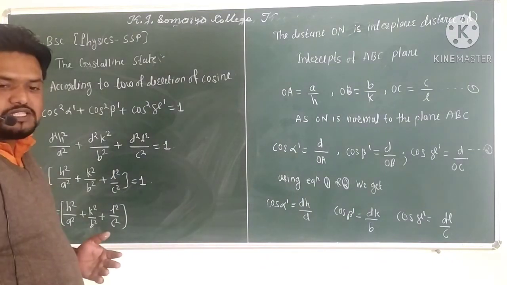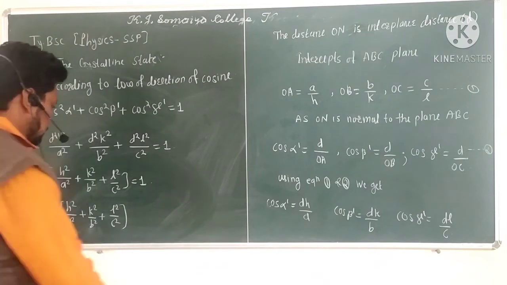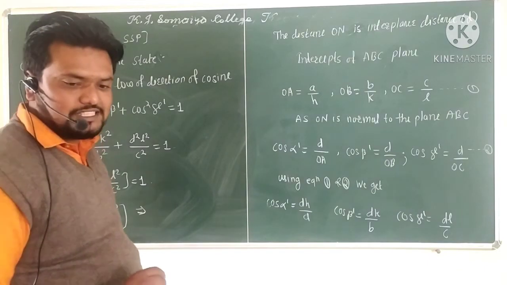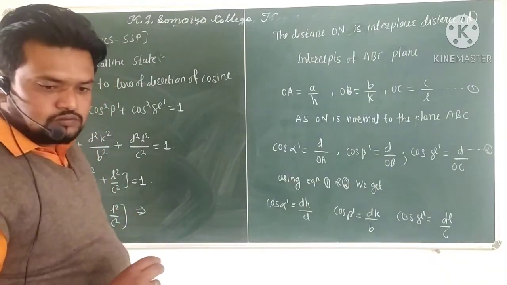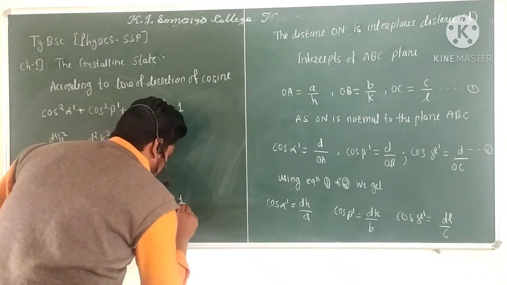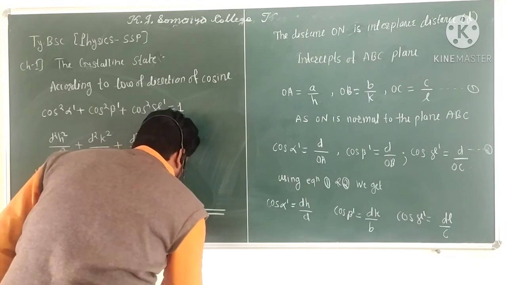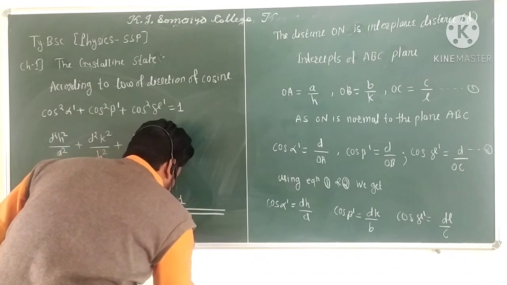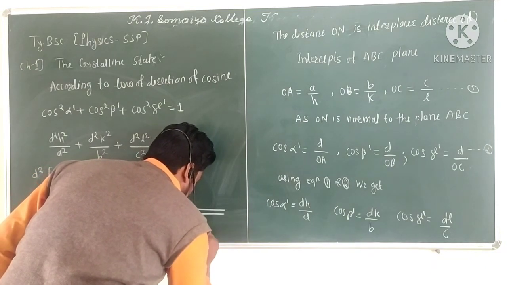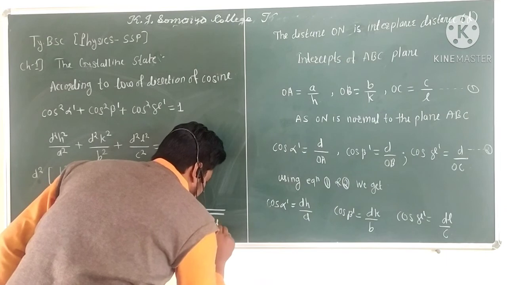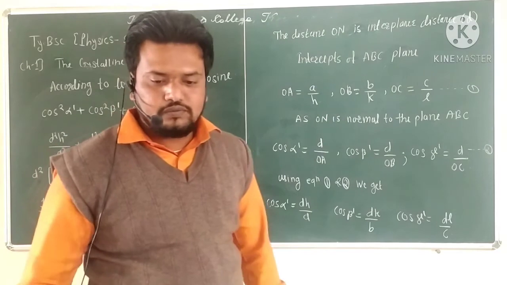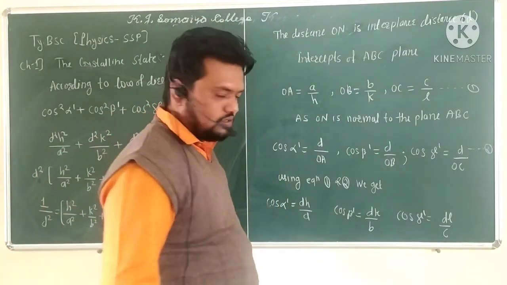So we get d is equal to 1 upon under root of h square upon a square plus k square upon b square plus l square upon c square. Okay, so this is the formula we get.